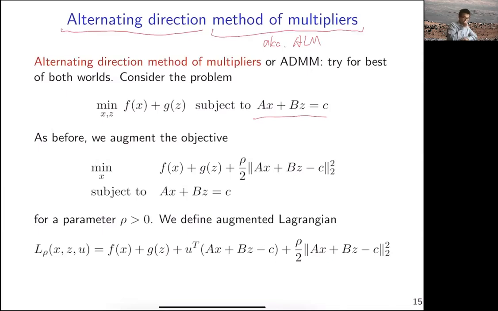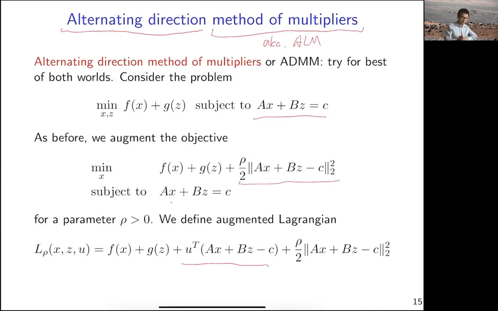Okay. So how do we derive this? As before, let's augment the objective by adding this Lagrange multiplier term, and then let's lift this constraint up into the Lagrangian, so we get the augmented Lagrangian.